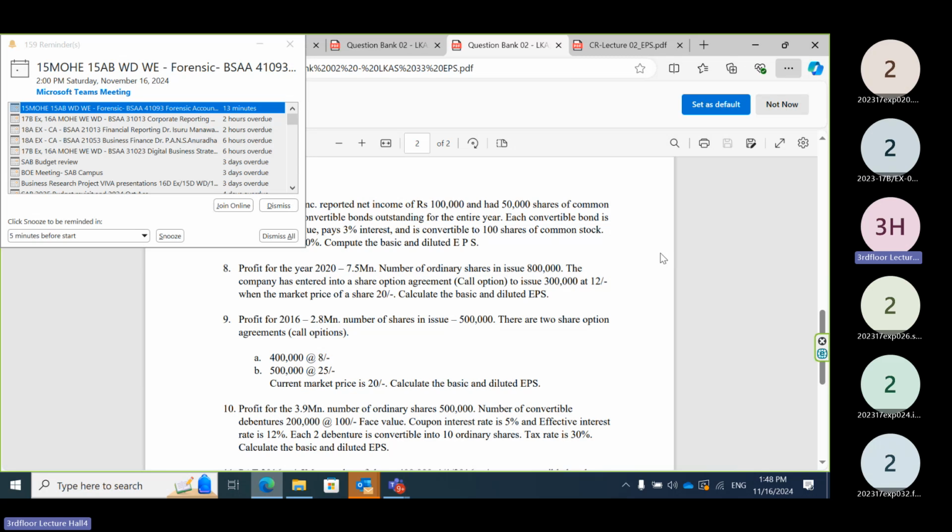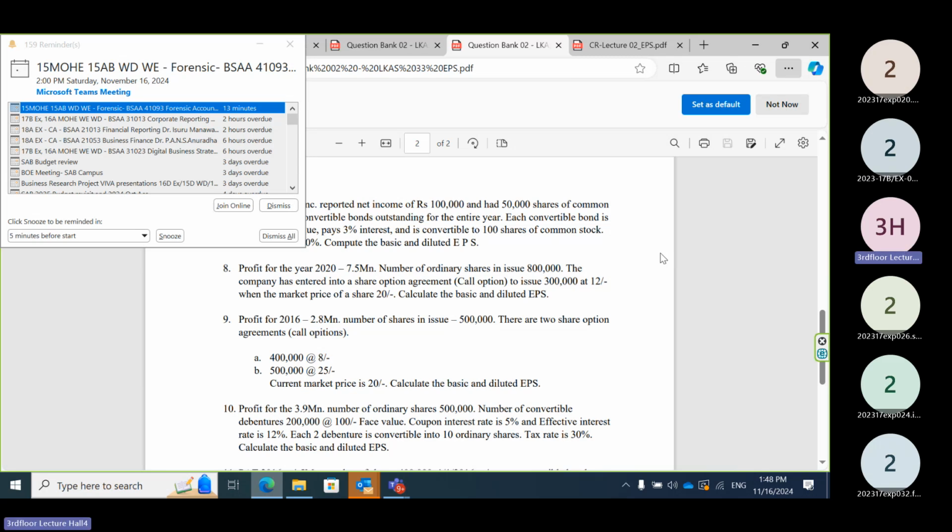There's no cash contribution to the profit. That's why we give a kind of weightage for fresh issues, right?